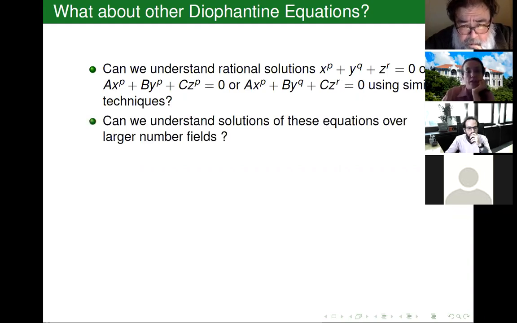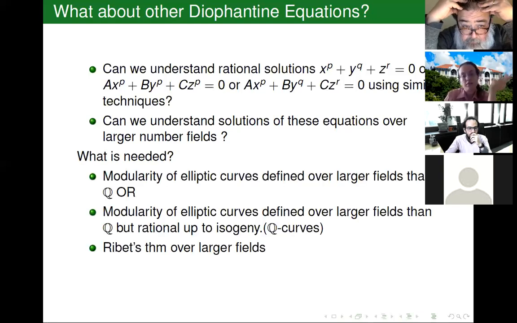That's one question. Another thing you can ask: why not study the classical Fermat equation over other number fields, not necessarily Q, but over higher degree number fields? This is also not a new question. Much work has been done in this area. What is needed? Well, what is needed are generalizations of what has been used in the classical proof.